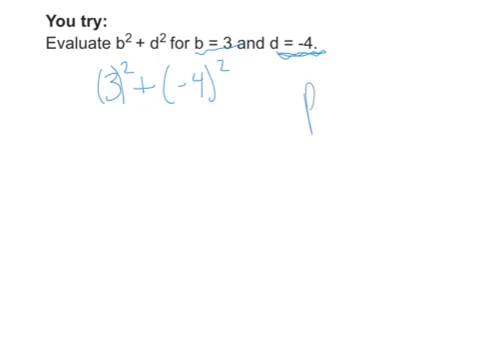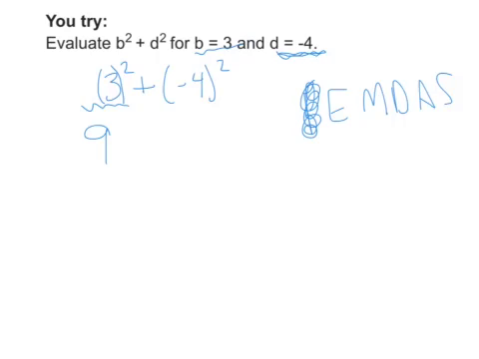Okay, and then we're going to follow our PEMDAS. P is parentheses. So once again, these are single numbers, so nothing to do inside the parentheses. E, exponents. We definitely have exponents here. So 3 squared means 3 times 3, which is +9.